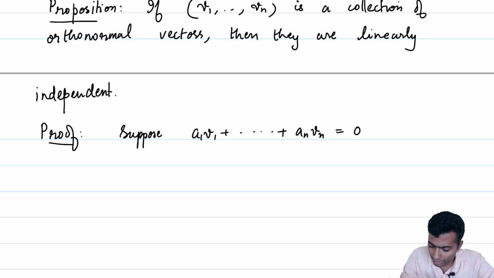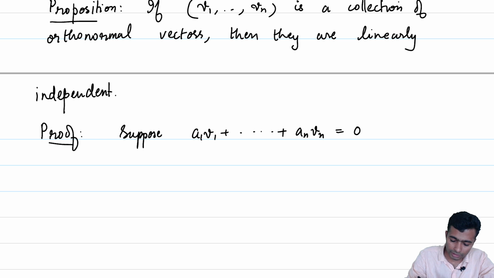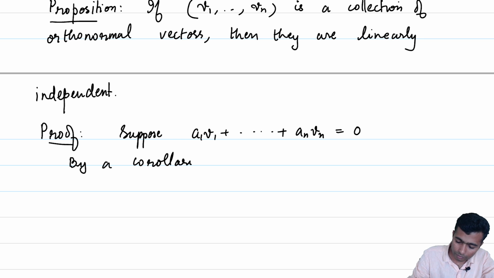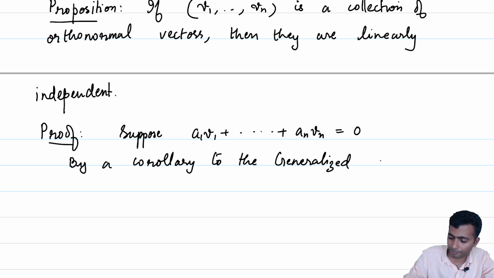Alright, so suppose we have a linear combination which is equal to 0. Then let's use the corollary to the generalized Pythagoras theorem from the last week.